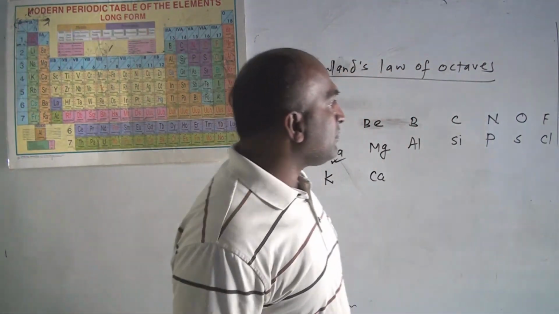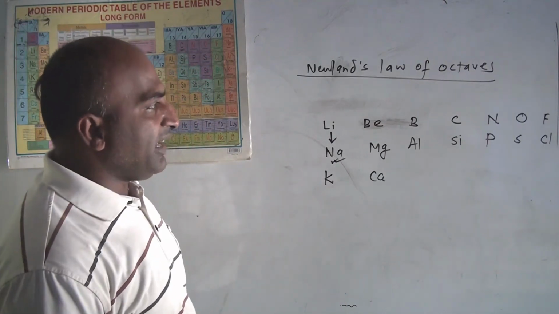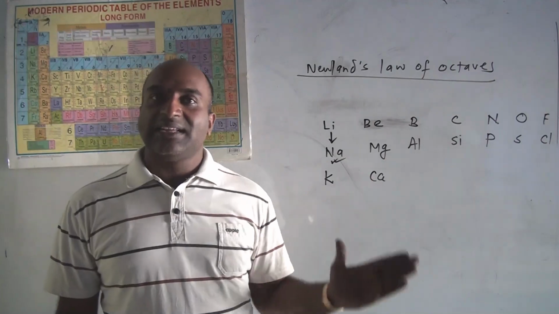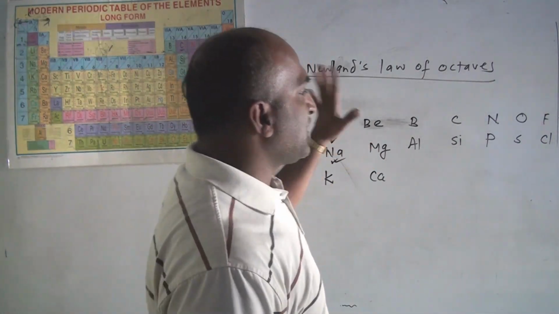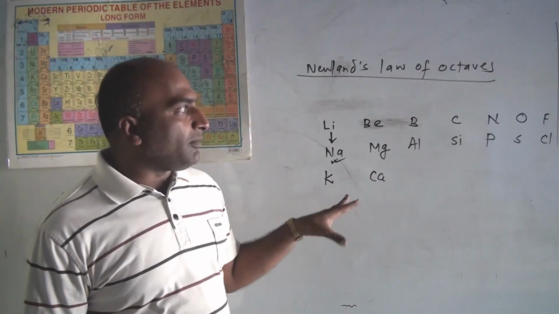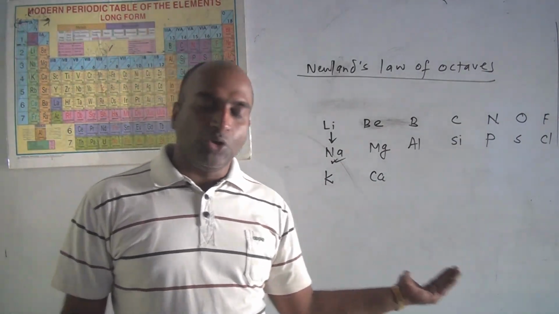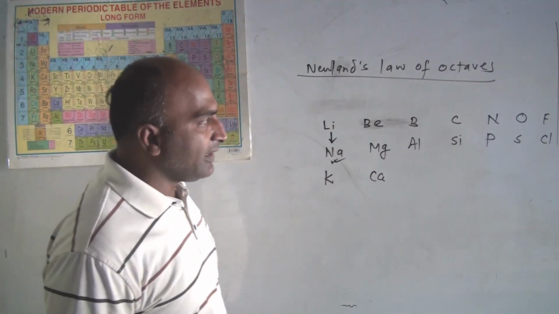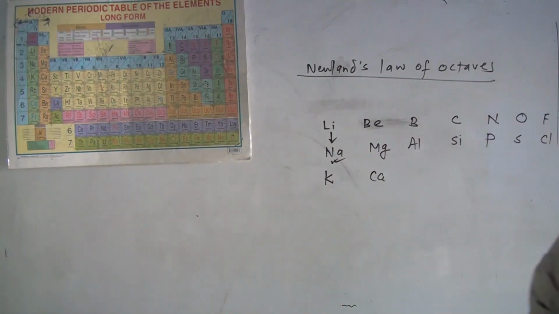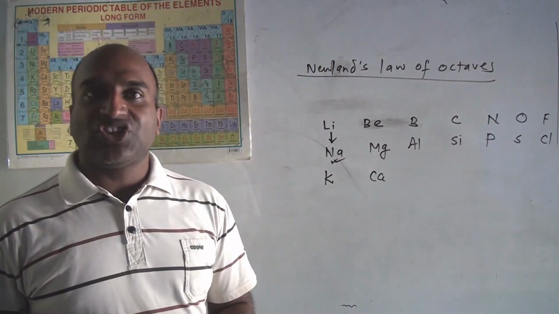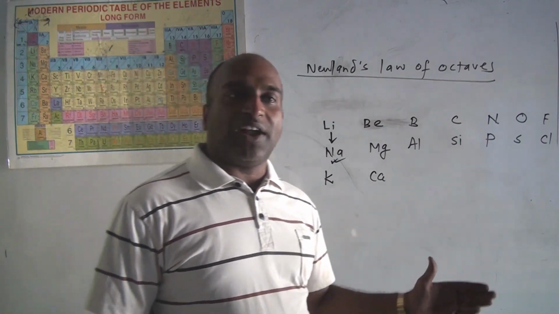In the old form of Mendeleev's periodic table, there were 8 groups and 6 periods only. But later, when new elements were discovered, more and more elements were added in the new periodic table. Mendeleev's periodic table is a systematic arrangement of elements in the increasing order of atomic weight.